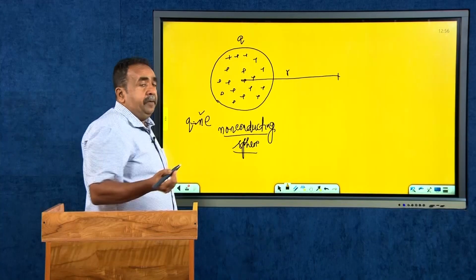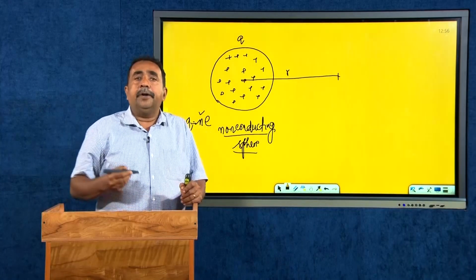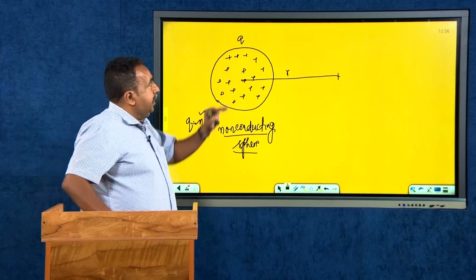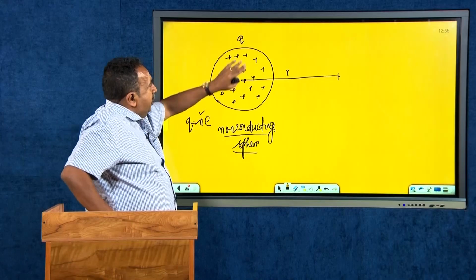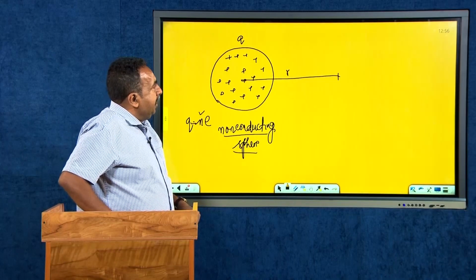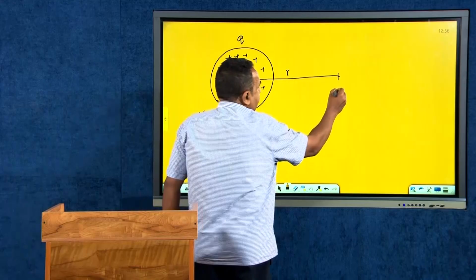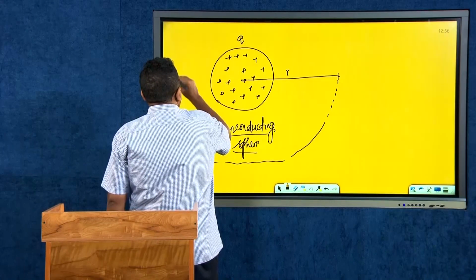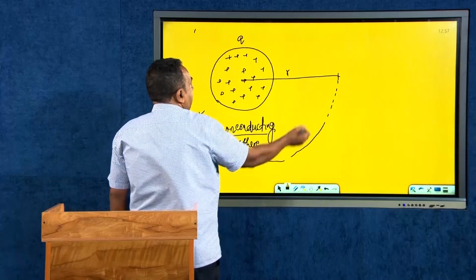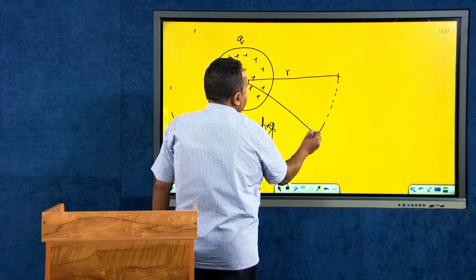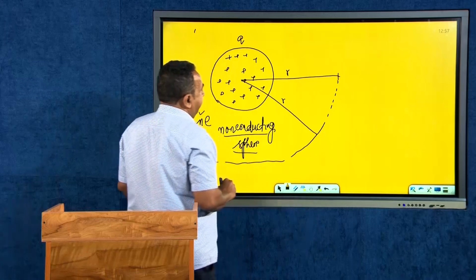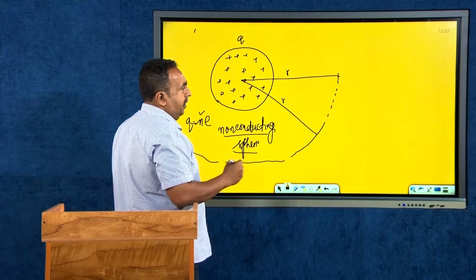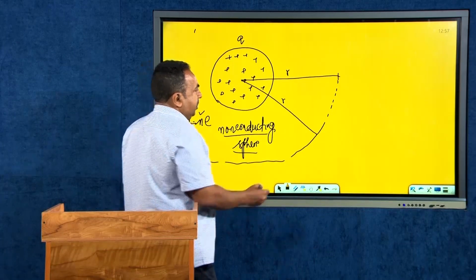It can be 500 charges, 1000 charges, or 10,000 or more, uniformly distributed here. Therefore, I can construct an imaginary Gaussian surface at a distance r from the center of this distribution. The field will be uniform everywhere on it. Simply apply Gauss's law.